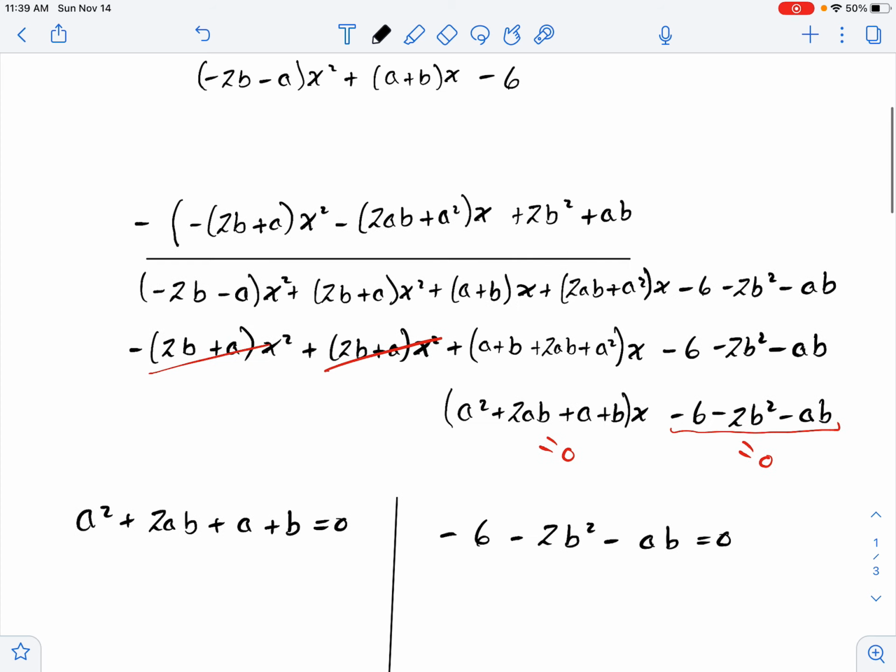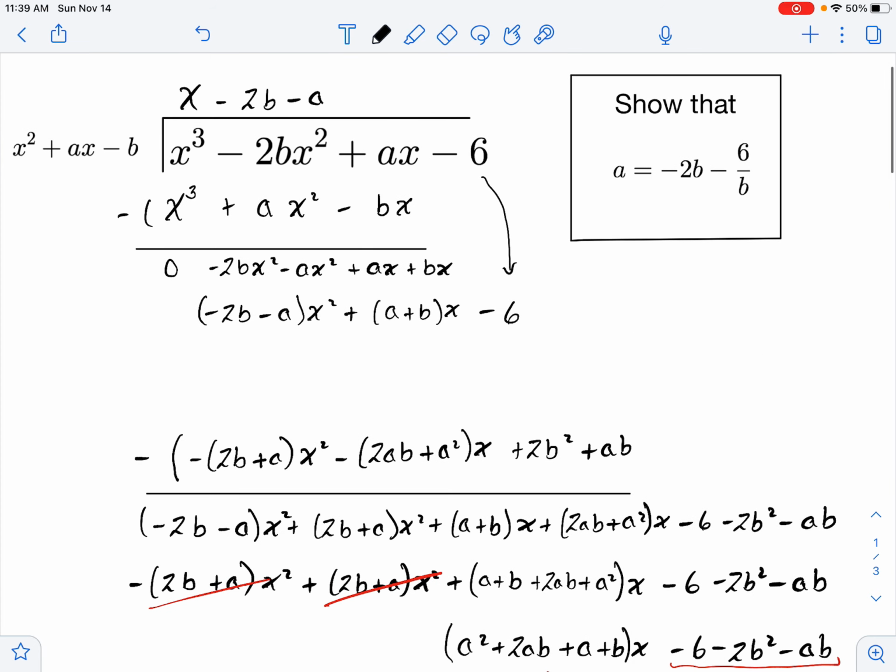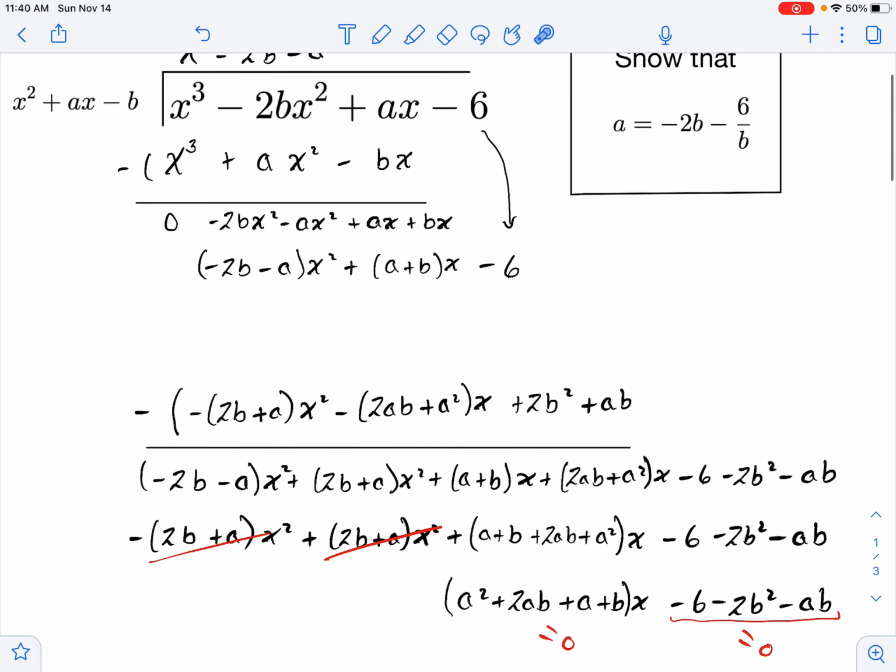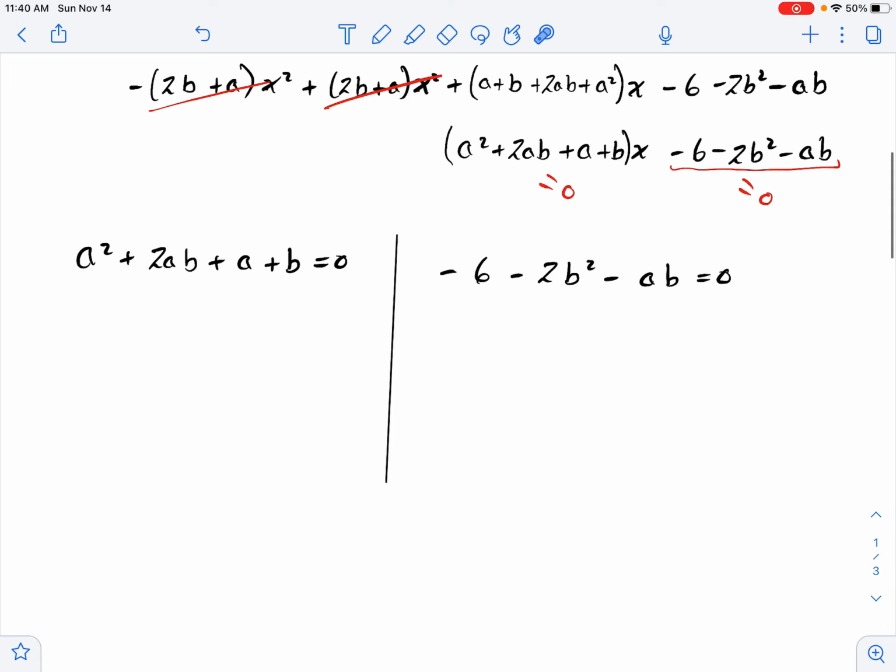Just to remind myself of what I want to show: I want to show that a is equal to negative 2b minus 6 over b. In order to do that, if I just look at this second equation, I can hopefully rearrange it to show that.